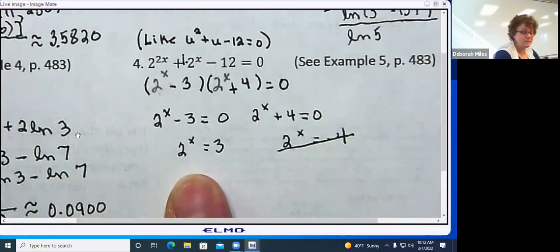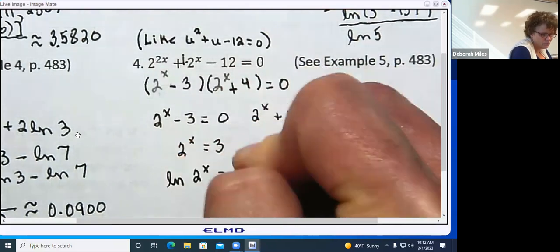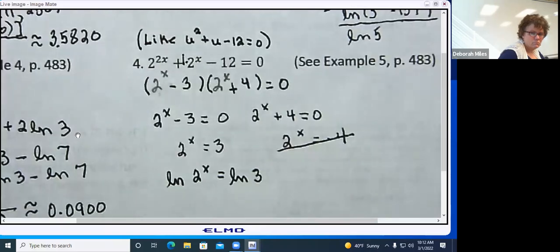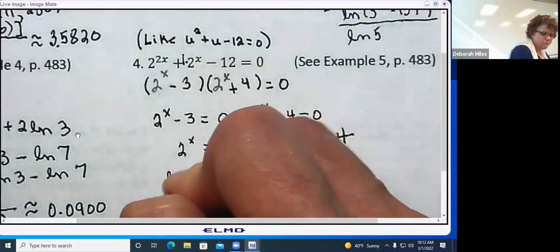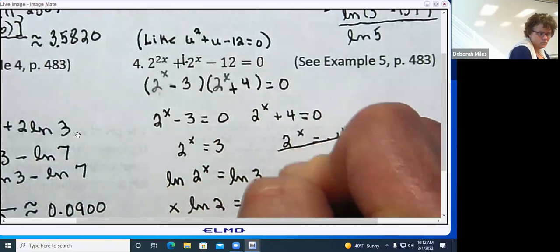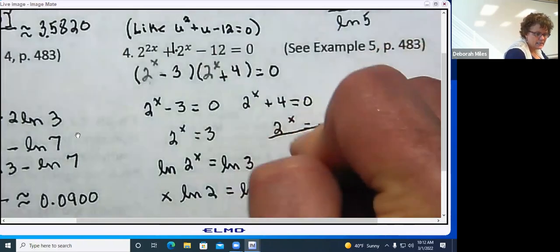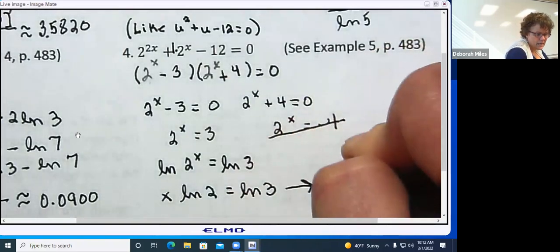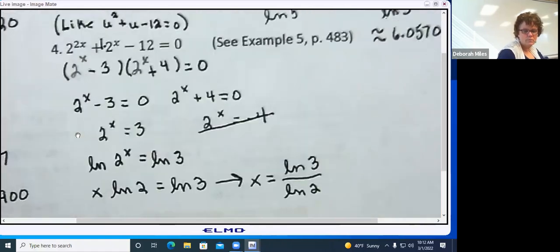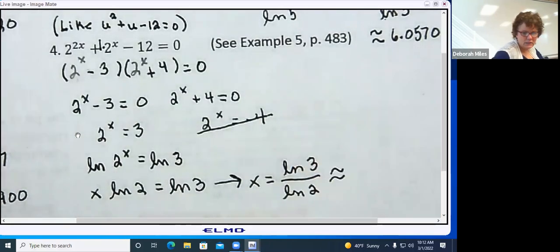That's how we unexponentiate, so that we can bring the exponent out front. And the exact answer would be x equals natural log of 3 divided by natural log of 2. And then you could give me a 4 decimal approximation.